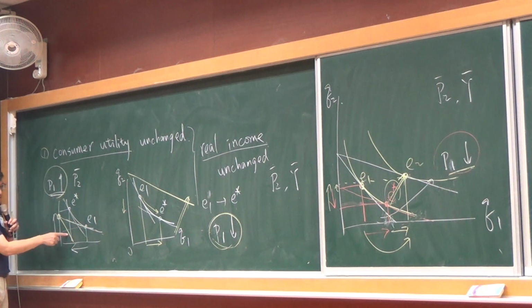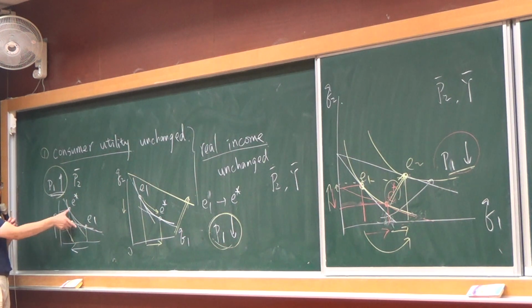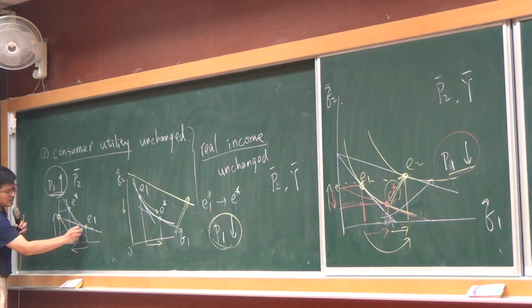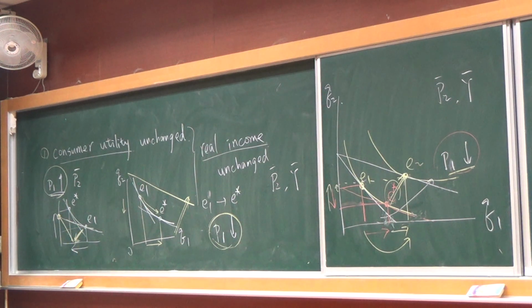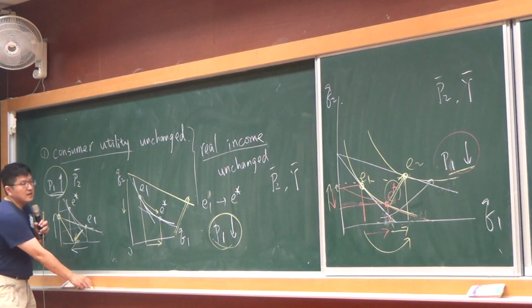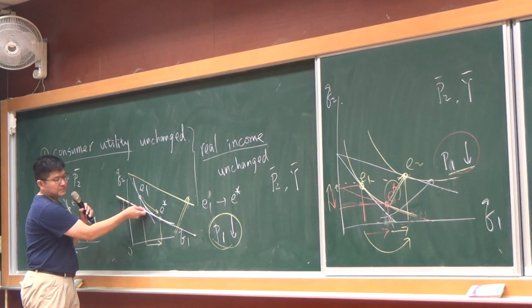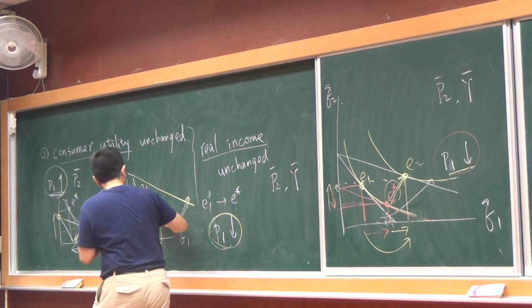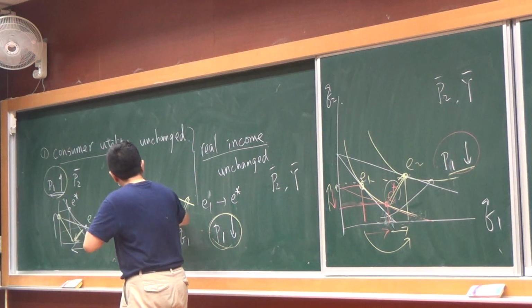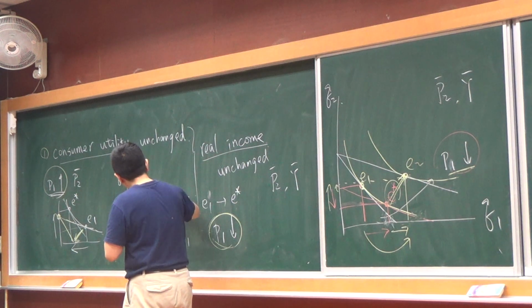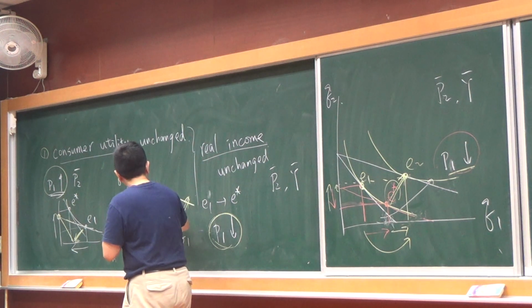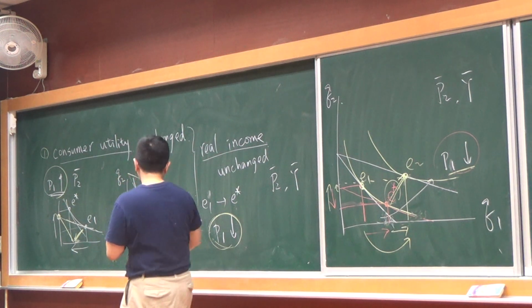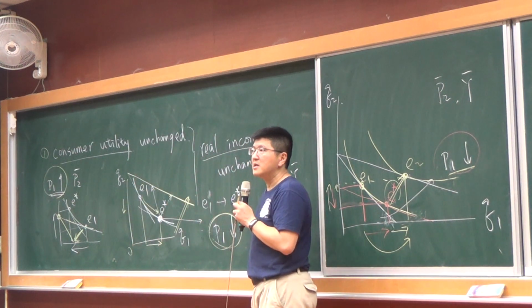So from here to here is the price effect, and from here to here you see the change in your real income. As your real income increased, what do you think? The resulting points will be here, or here, or here. It depends, right?